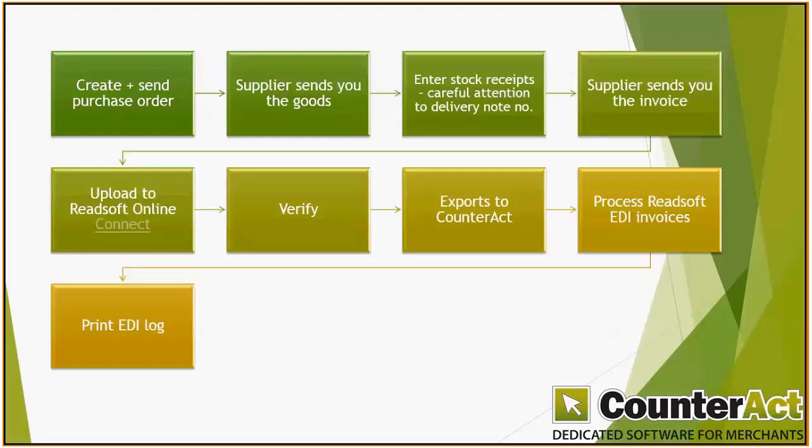So if you've entered the wrong order number, if the purchase order may be wrong or whatever, the delivery note number may not match and so on, it will give you the relevant information. Maybe the goods amount were out and that you can dispute it thereafter and so on. So you've got all your failures detailed and what you need to do to then address them in most cases.